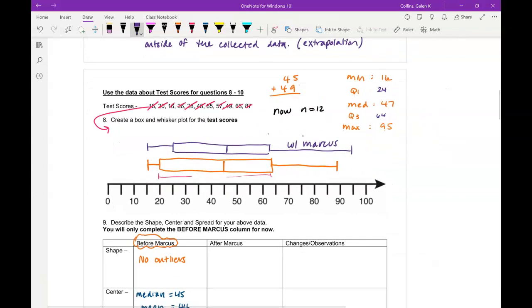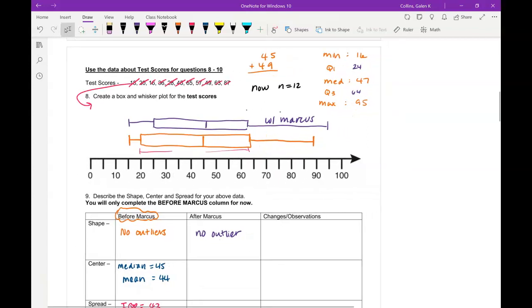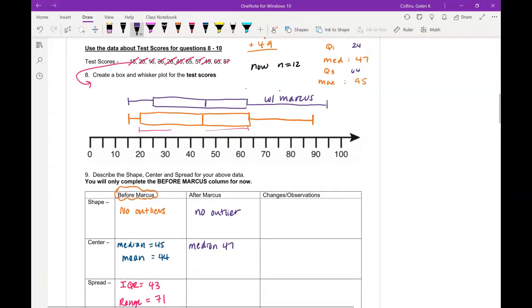All right, so there are still not going to be any outliers, and we otherwise really can't talk about the shape of the data from this distribution unless we make a different one. The median went up, so our new median, we said, is 47. We need to recalculate the mean.